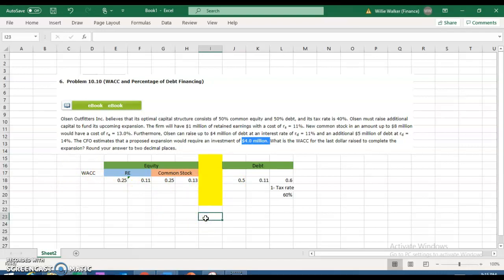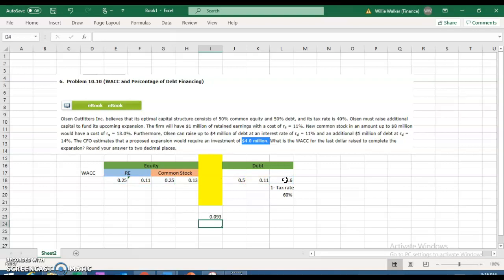I'm going to start our formula here, equal to the weighted average of retained earnings times the cost of retained earnings, plus the weighted average of common stock times the cost of the common stock, plus the weighted average of our debt times the cost of the debt times the amount that we're actually going to be charged, which is 1 minus the tax rate. I know that's probably not grammatically correct, but who cares, right?